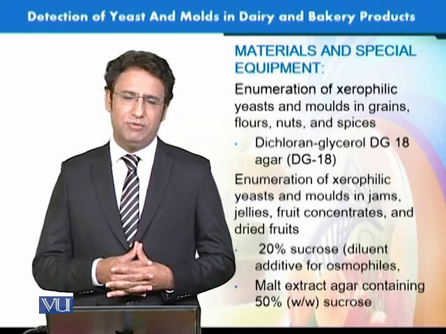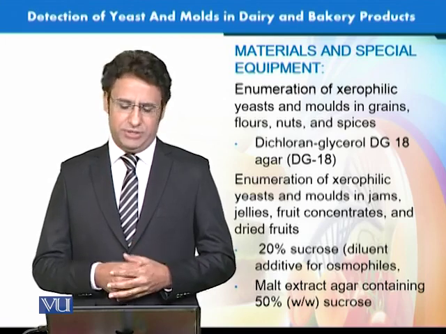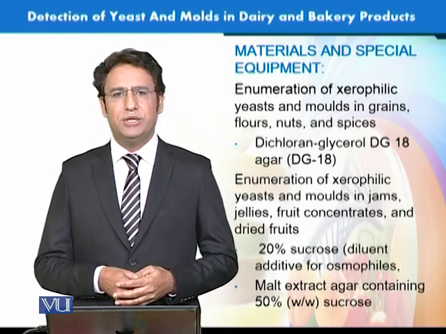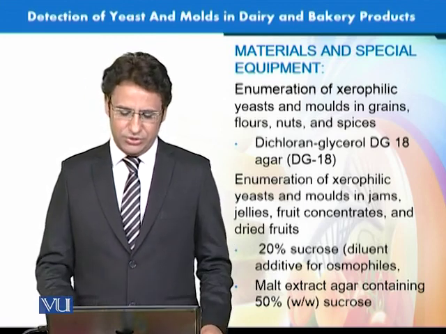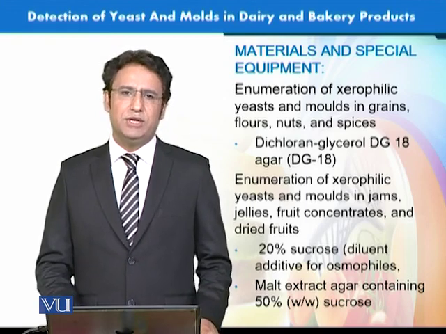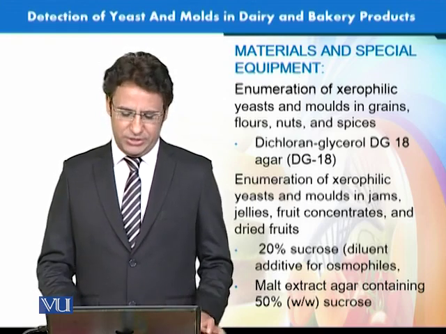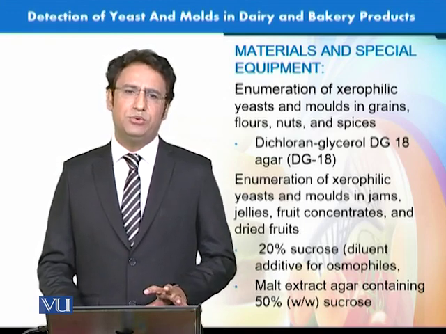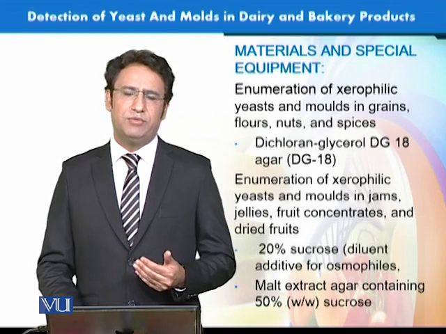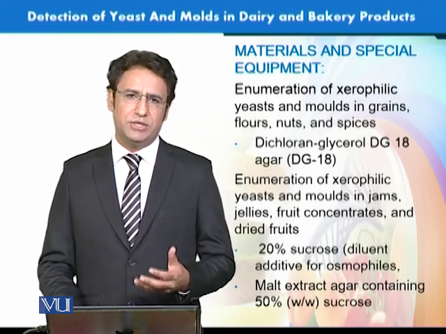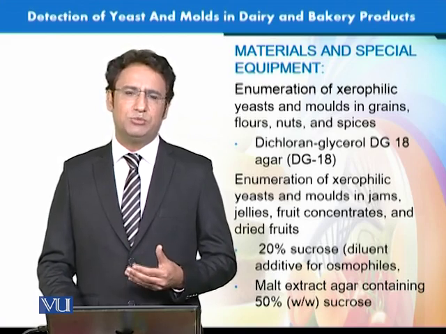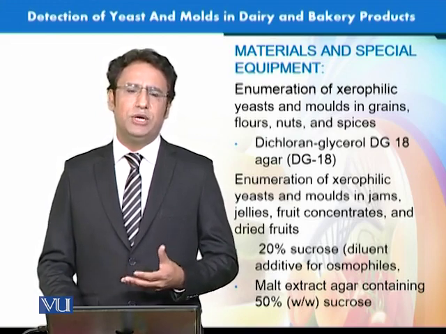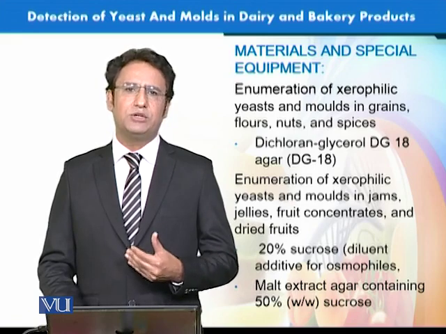If we have to deal with yeast and mold in jams, fruit concentrates, other syrups with high sugar concentration, or dried fruit, then we have to use other media such as 20% sucrose, added to help the osmophilic yeast or mold, because osmophilic microorganisms are the ones that can grow under low water activity or high osmotic pressure.